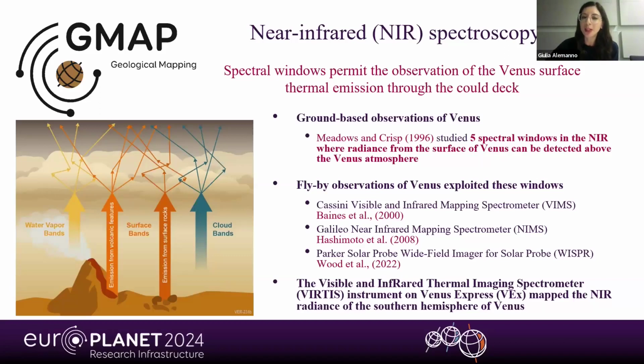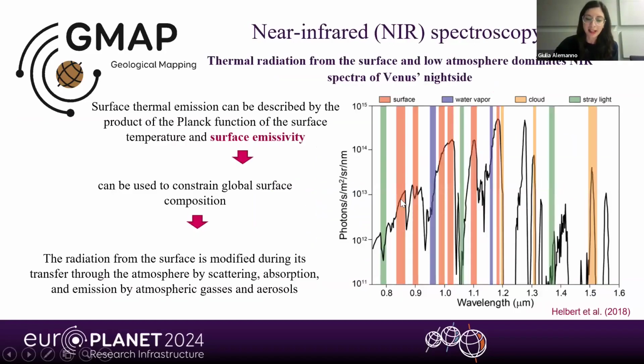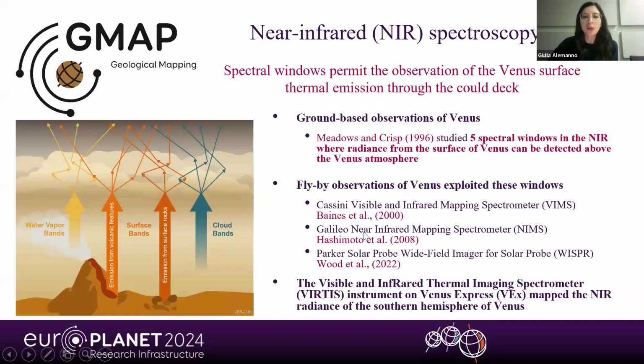And they have also been studied by flyby observations of Venus from other missions: the Cassini mission, using the Cassini visible and infrared mapping spectrometer; the Galileo mission, using the near-infrared mapping spectrometer; and also the Parker Solar Probe, using the Wide Field Imager.